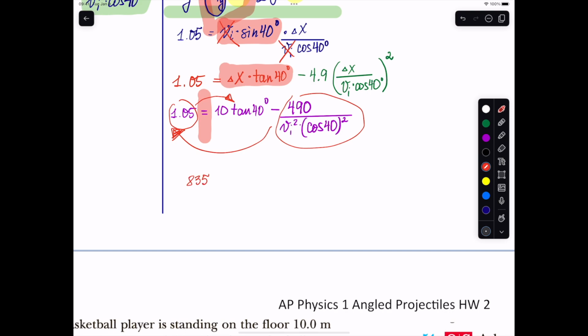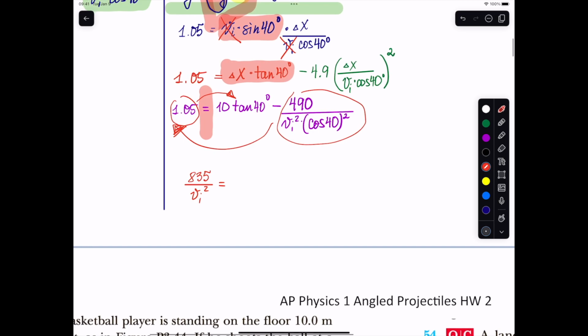So 835 over V initial squared, which is my only variable left over, should be equal to 10 tangent of 40 degrees minus 1.05. That gets me 7.34.